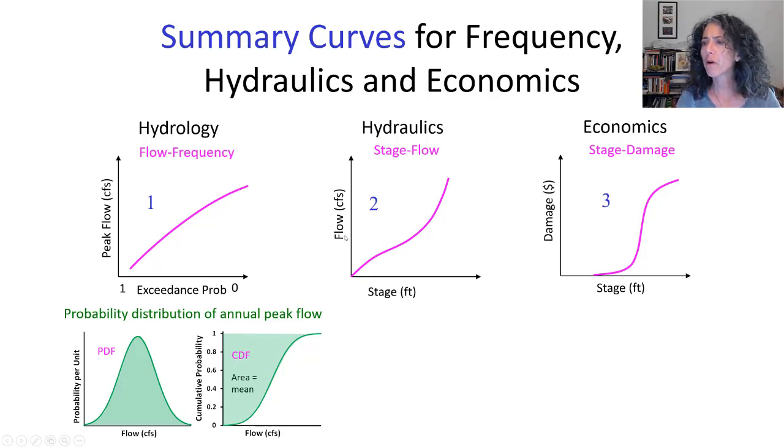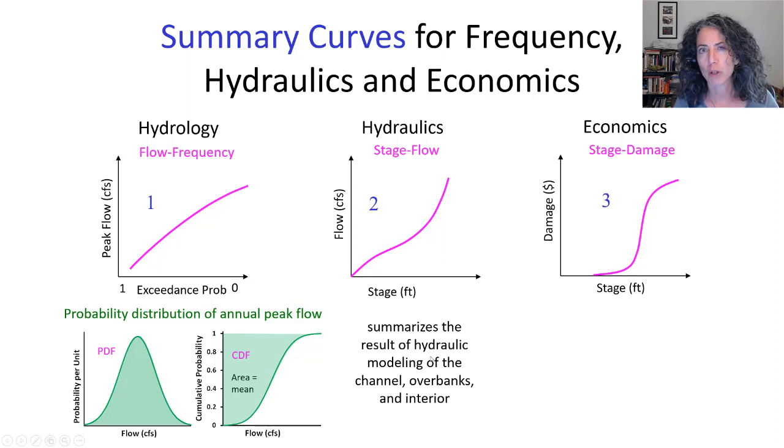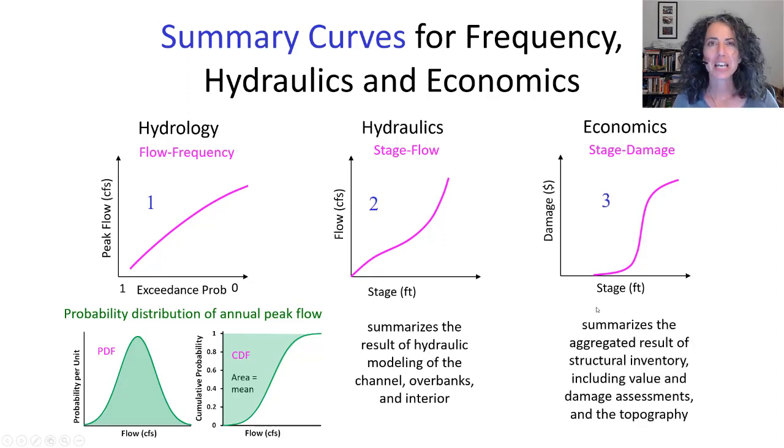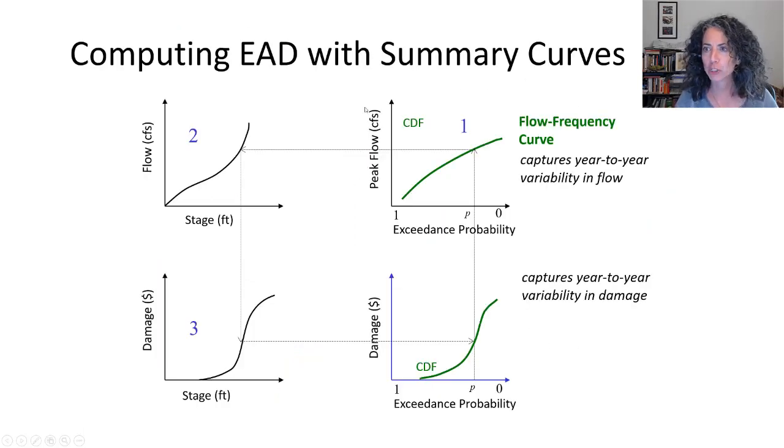Now our other 2 summary relationships: we've got the flow stage relationship that summarizes all of our hydraulic modeling, and we've got the stage damage curve that summarizes our structural inventory and our topography. If we take these 3 summary relationships and line them up so the axes match, so we have flow and flow, stage and stage, damage and damage, then we can see that putting them all together results in a damage frequency curve.